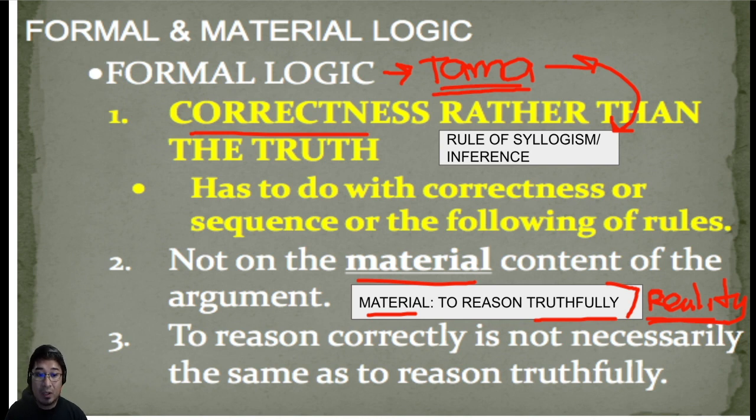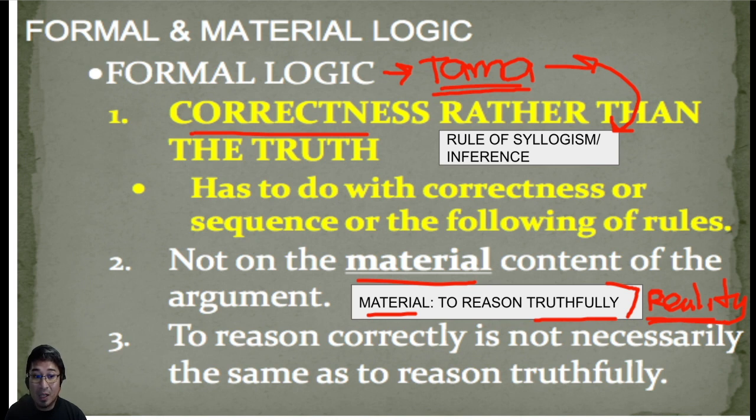So what matters under formal logic again is hindi importante kung totoo at nabavalidate mo sa reality conclusion. Ang importante, tama yung sinusunod na batas ng argument mo. Anong batas yun? Yung rule of syllogism and then inference.